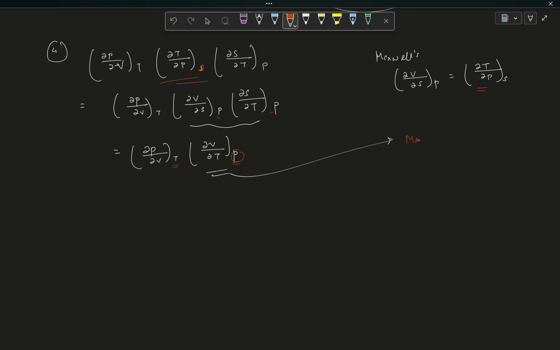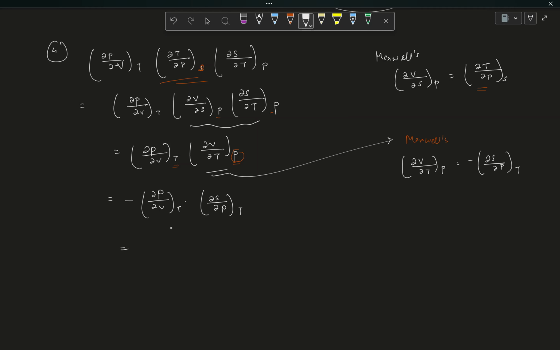So again you have to use the Maxwell's relation. There has to be something that can match your need, that your P at constant variable you have to shift to T at constant variable. So there is exactly one relation, that (∂V/∂T) at P constant is equal to minus (∂S/∂P) at T constant. So this is just minus (∂P/∂V) at T constant times (∂S/∂P) at T constant.